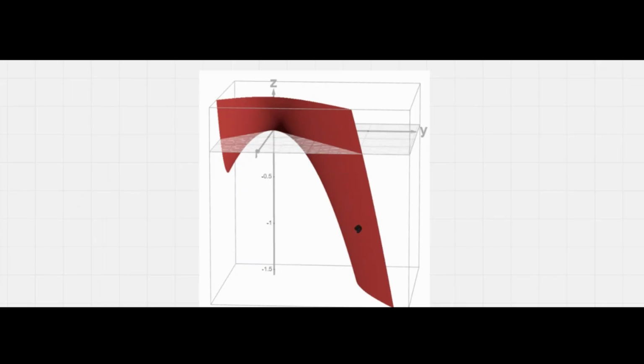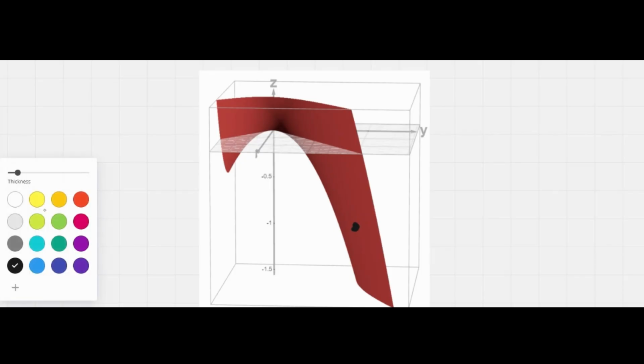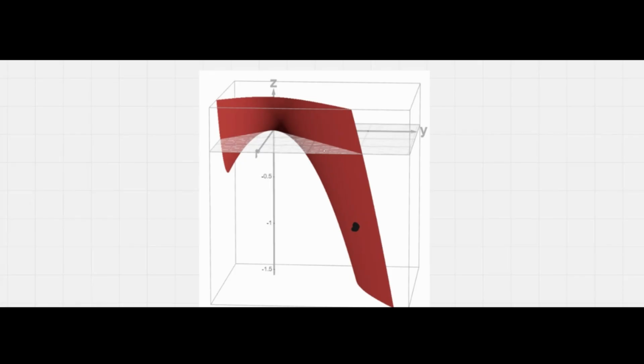We might also have a tangent plane defined somewhere around here like this. I'm going to do my best to draw the best tangent plane possible. Yeah, that looks pretty good. I'm just going to shade it in a little bit.